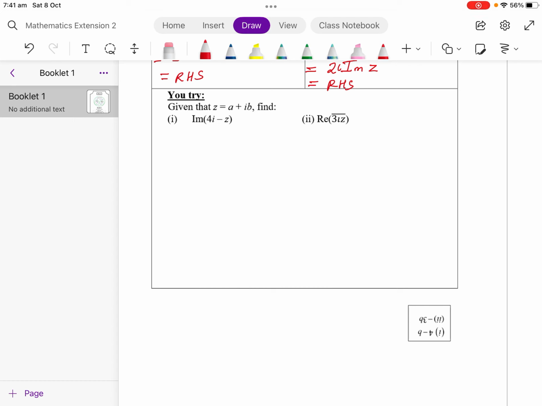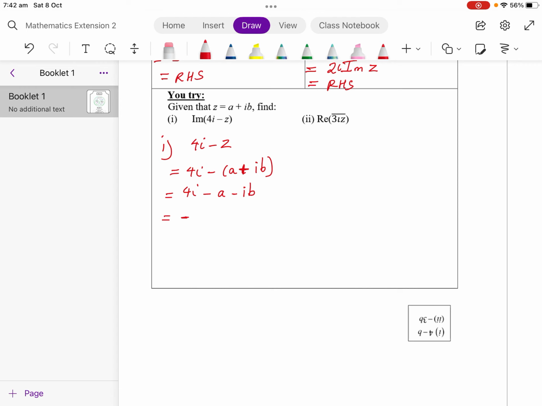All right, last example. This is about making sure you can extract the imaginary and the real part of a number. If you think you know how to do this, definitely pause the video and give it a go. It says here, find the imaginary part of 4i minus z. What I might do first is find out what 4i minus z is. So z, they've told me, is a plus ib. If I expand the brackets, I get minus a minus ib.